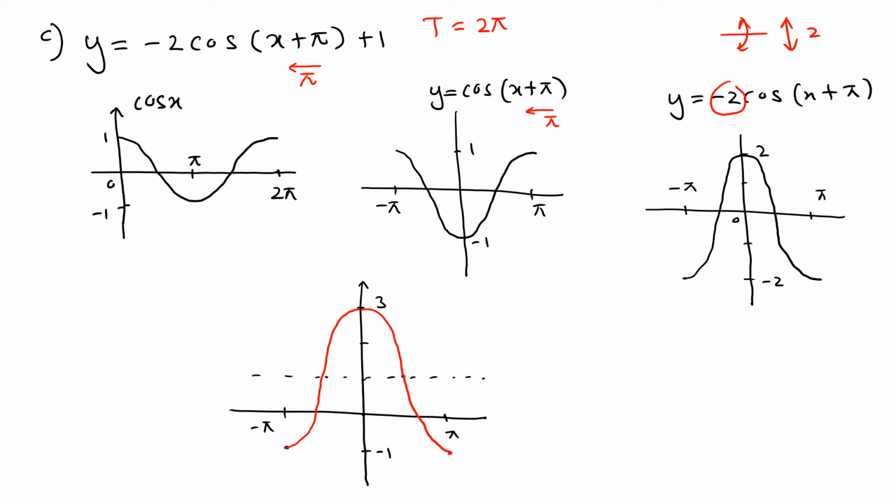So that is one cycle of the graph. Since this is sine and cosine, the domain is all real numbers, and the range in this case goes from negative 1 to 3. From the graph it's very clear. So that's how we do it. We just use the transformation techniques to graph the sine and cosine functions.